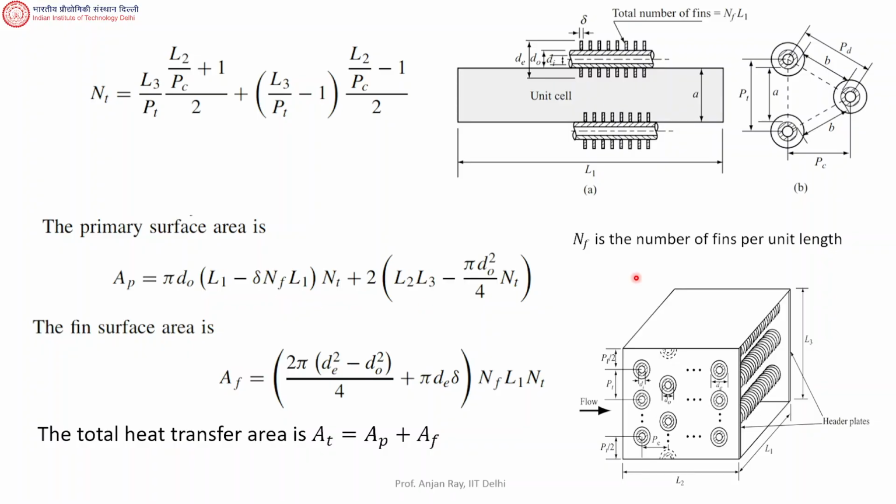And NF is the number of fins per unit length. So if you do NF times L1, you will get the number of fins on a particular tube, correct? And we have the thickness, and then we multiply it by NT to take care of all tubes.